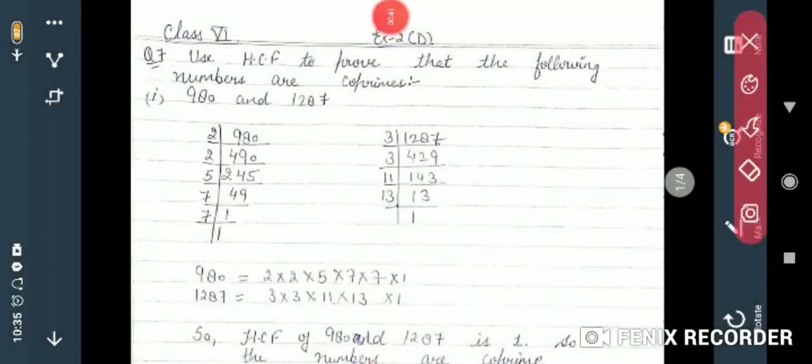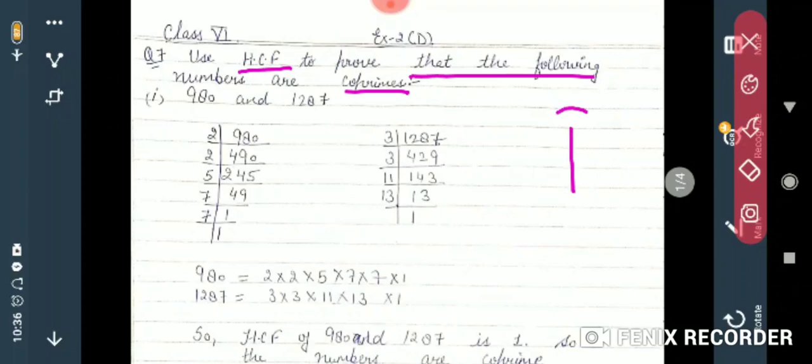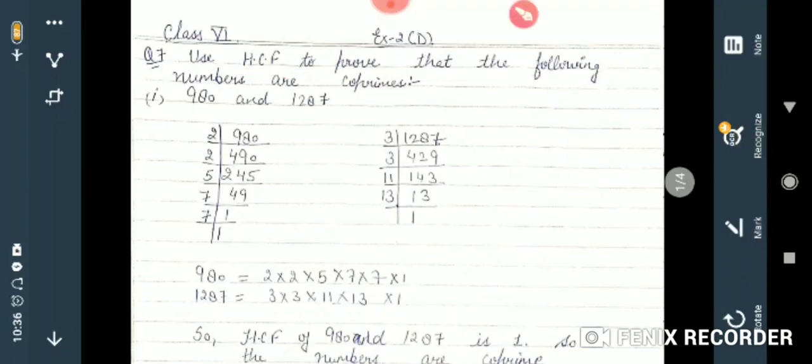Here, the seventh question: use HCF to prove that the following numbers are co-primes. What was the speciality of co-prime numbers? They are numbers that do not have any common factor other than 1, as I explained in exercise 2C.